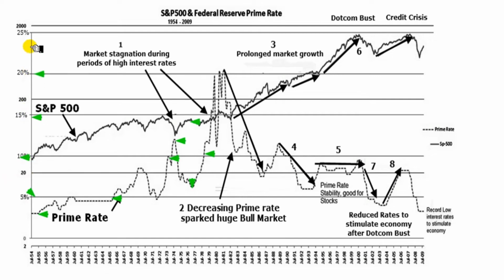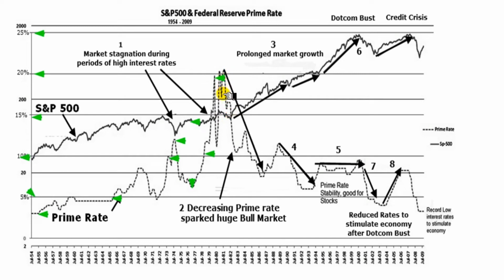So 5, 10, 15, 20, 25%. So what happened here was the prime rate was increased up to an unbelievable rate of 20%. And you can see that led to some sideways consolidation and a dip in the market in the early 80s up until about 1983.